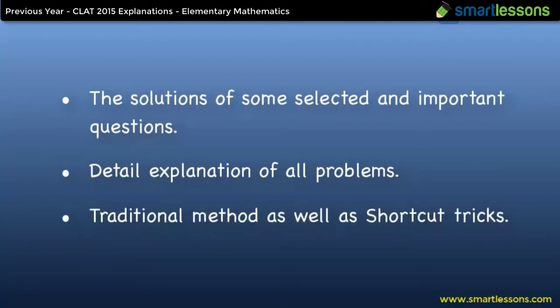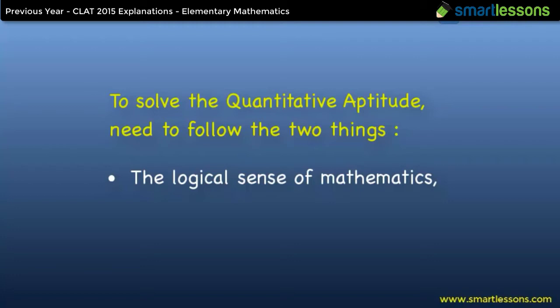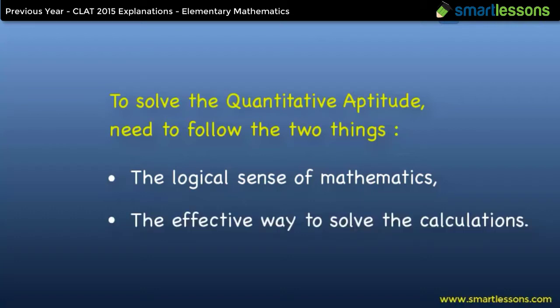Sometimes I will be explaining the traditional method as well as the shortcut tricks. To solve quantitative aptitude in a smarter way, you need to follow two things. One is the logical sense of mathematics and the other is the effective way to solve the calculations.